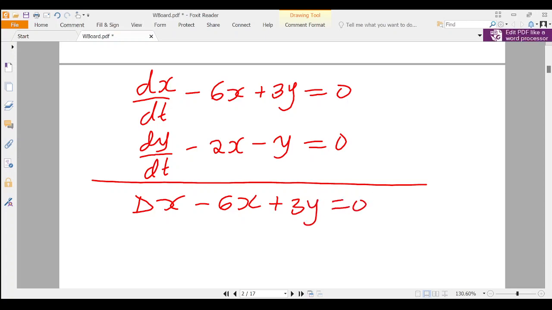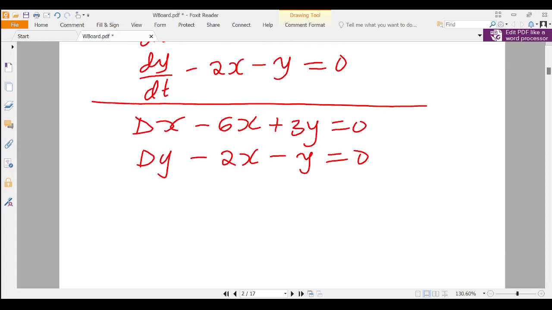The second equation becomes Dy minus 2x minus y is equal to 0.